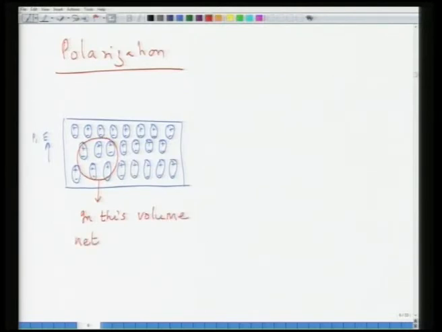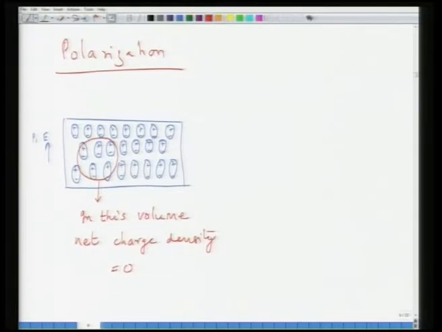As you can see, in this circle the number of positive charges is almost equal to the number of negative charges. If you draw it perfectly, then this becomes equal to 0. So, inside the material the net charge density is equal to 0, because positive charges cancel the negative charges.